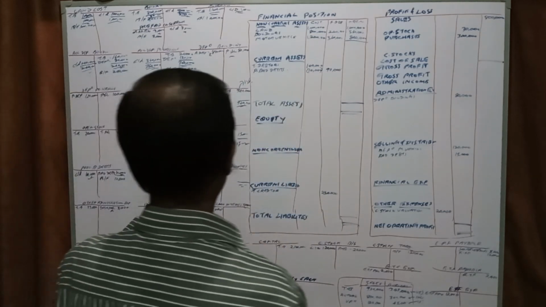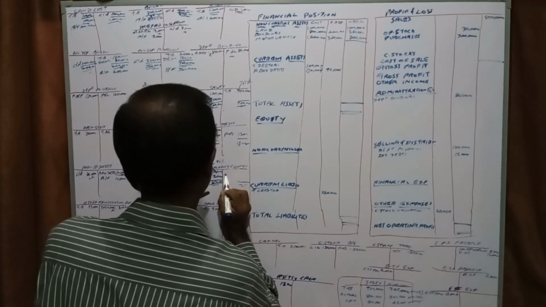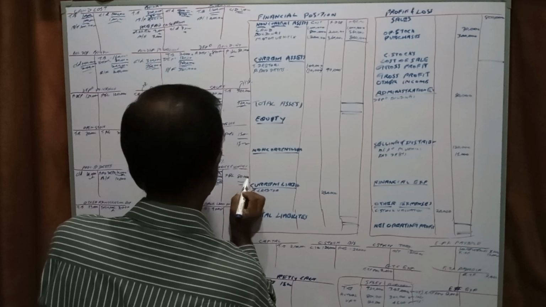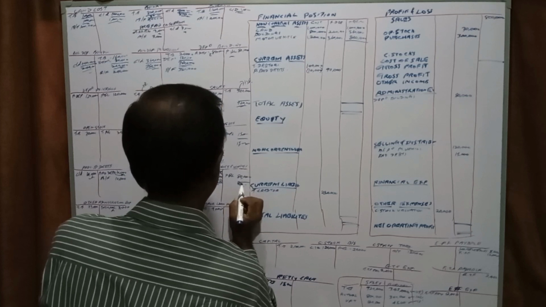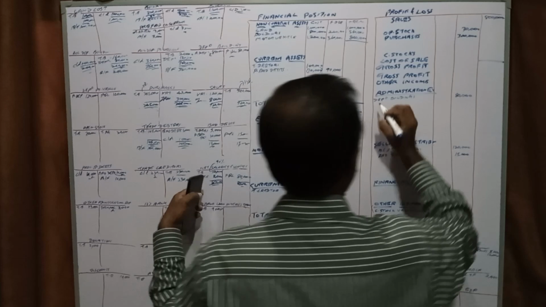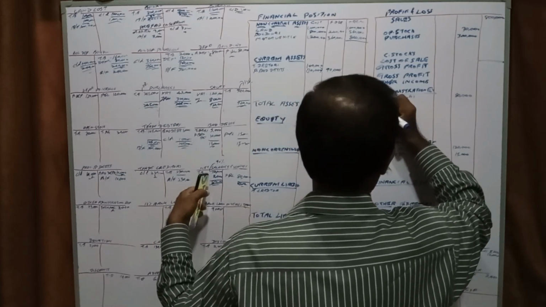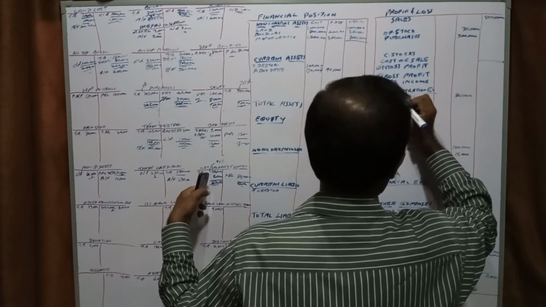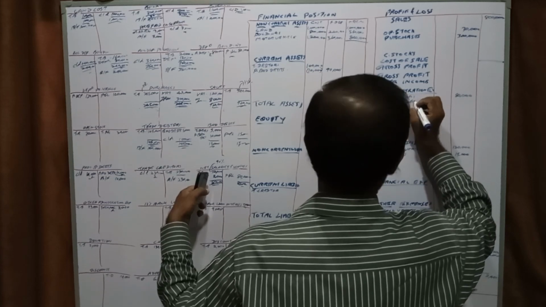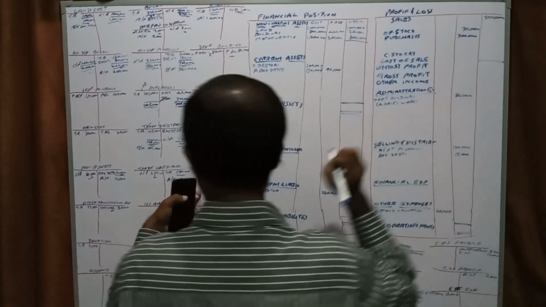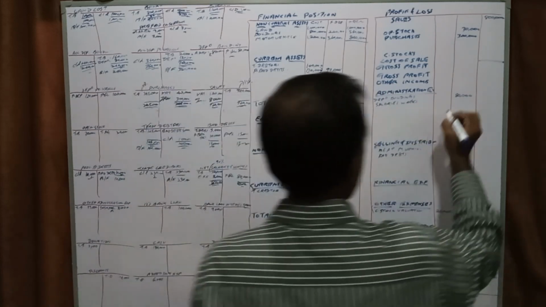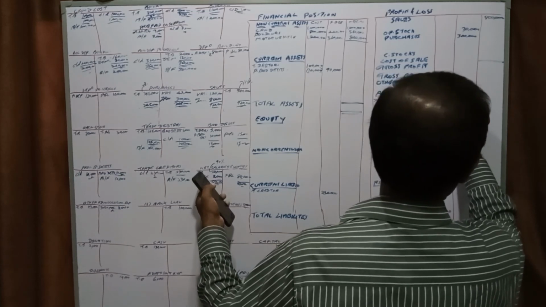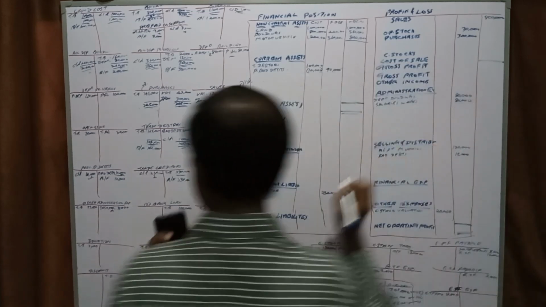And net salaries and wages go to P&L, that is 80,000, right? Salaries and wages will appear under the administration expenses. Salaries and wages in P&L 80,000, right?